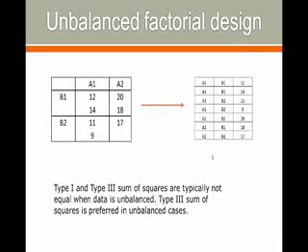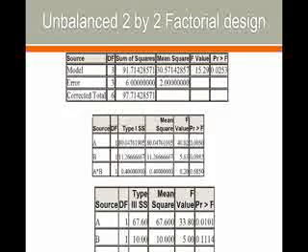I will be able to analyze it and to make also some conclusion. SAS will work with what I give, and I will still identify that I have no interaction, a factor A impact, and no significant impact for factor B.